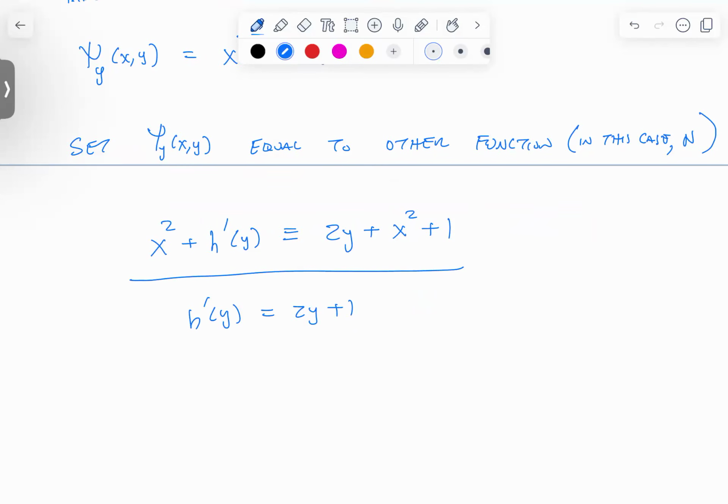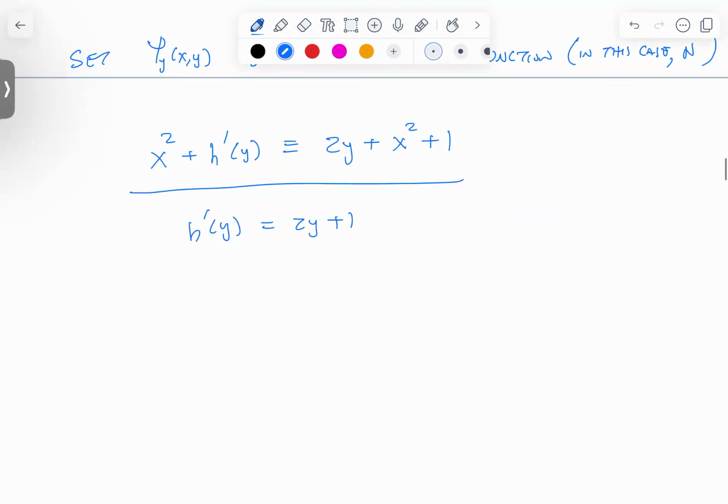And then what we actually need, we don't need h prime of y, we actually need h of y. So h of y equals the integral of h prime of y, d what? dx? dy. Oh, dy! Because we already did dx, and basically you have to do dx and dy. That's why it doesn't really matter what you start with.